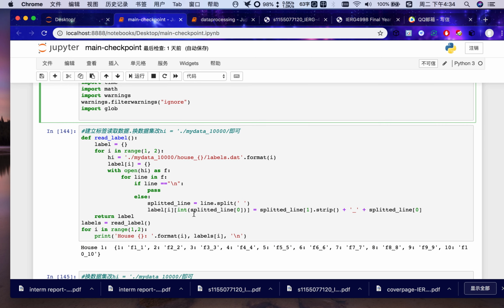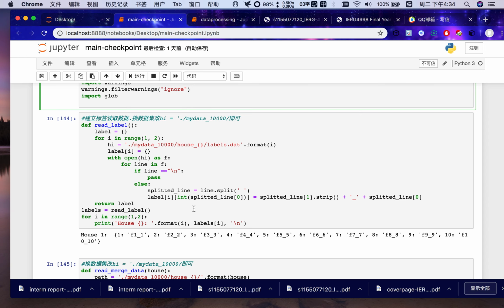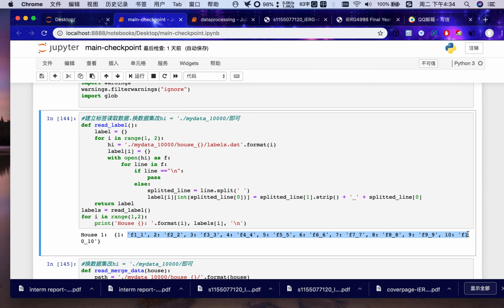Before doing all the predictions, I also take some labels on this dataset, because the normal dataset didn't have the labels. I take from F1 to F10 on the different equipment, and you can see F10 is quite different. It's the total power.